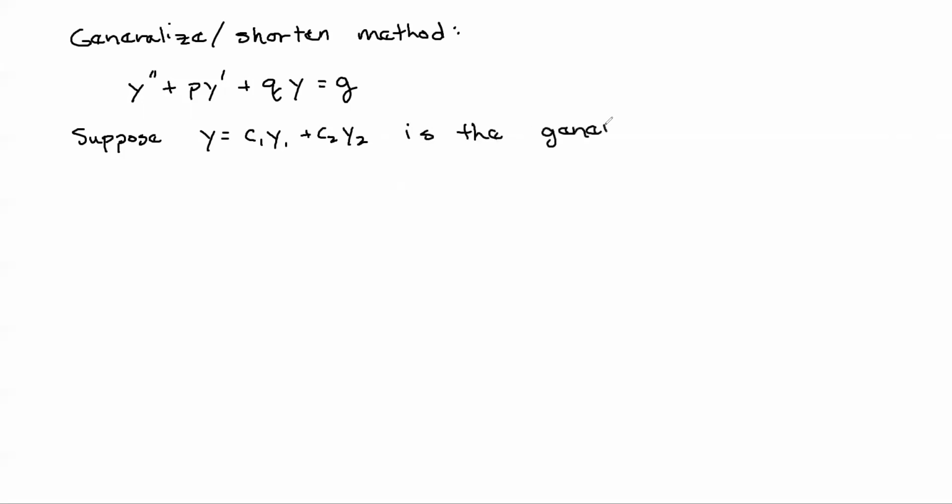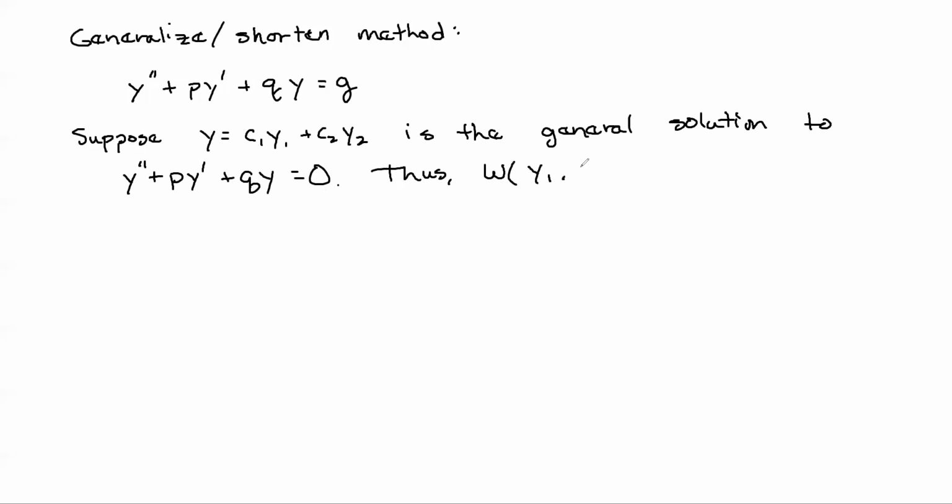That's the same thing that we did last time, where we went through and found the general solution to the homogeneous. Now we're going to note here that since this is the general solution to the homogeneous, the Wronskian of y1 and y2 is non-zero. That's going to matter.